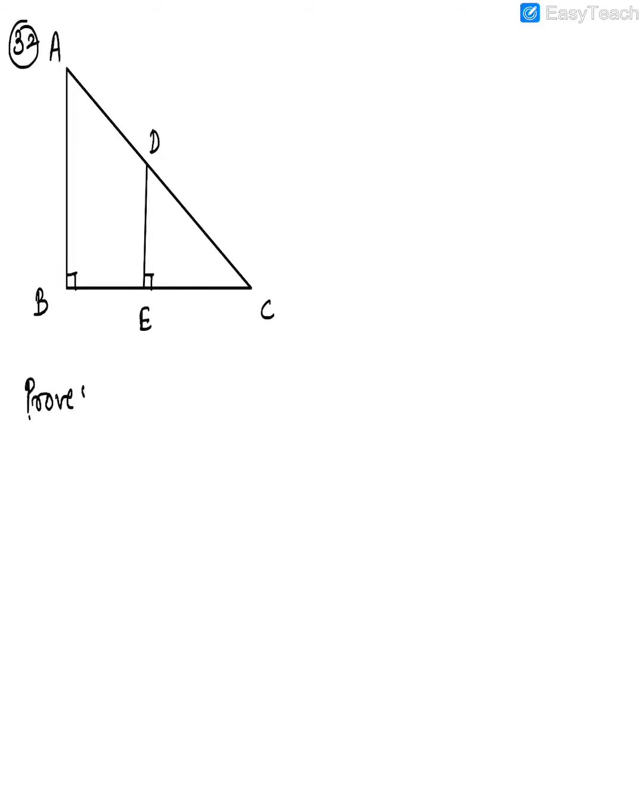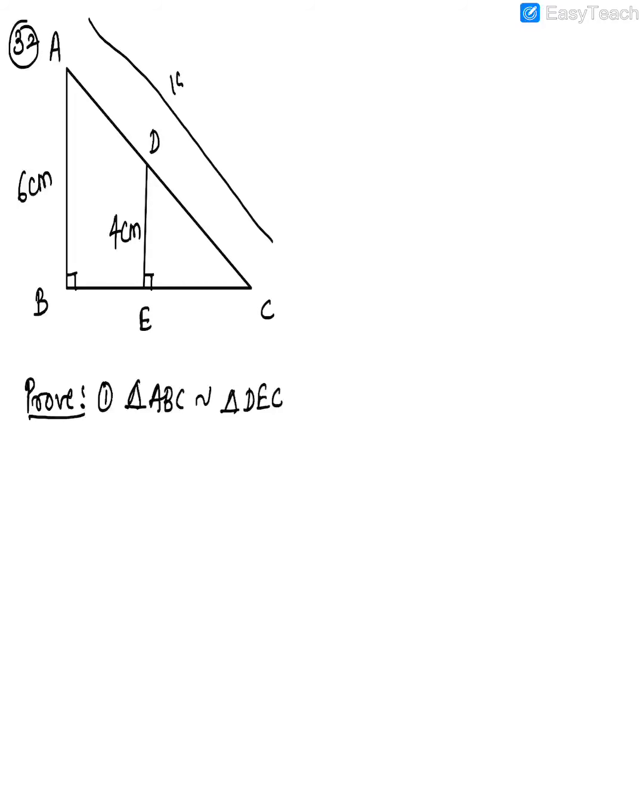So whole of this is 15 centimeter. Calculate CD. So you have to find out how much is CD. So let CD be equal to X, from here to here. Also find the ratio of area of triangle ABC upon the area of triangle DEC.